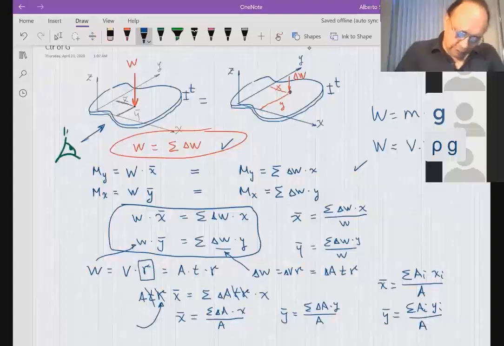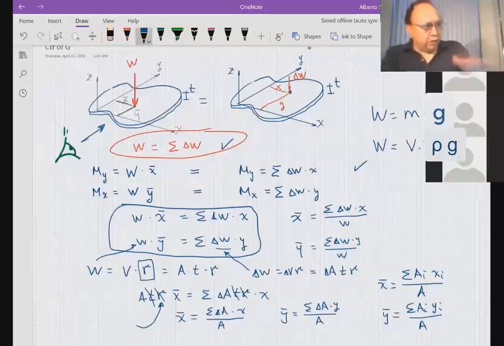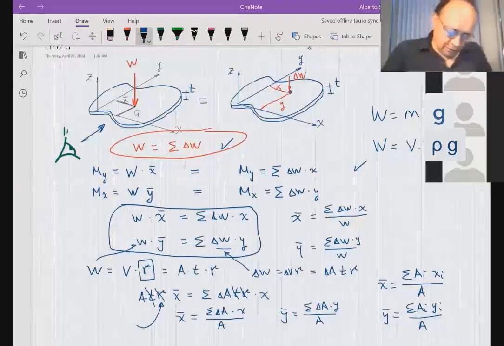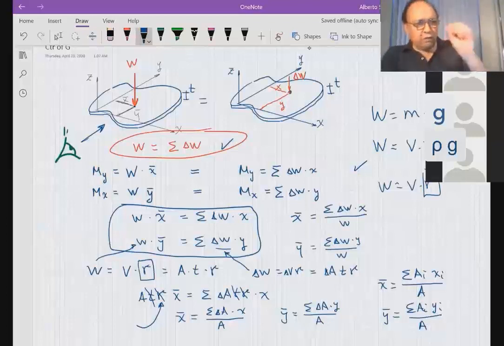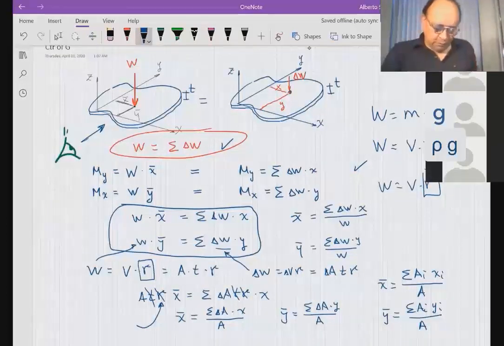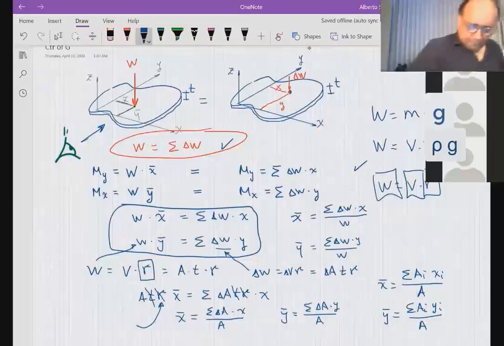And if we are talking here of a plate that is made of the same material, the whole plate is made of the same material, the weight is the volume multiplied by this, which tells you the weight of every unit of volume. Multiplied by the total volume, you get the total weight. Okay.